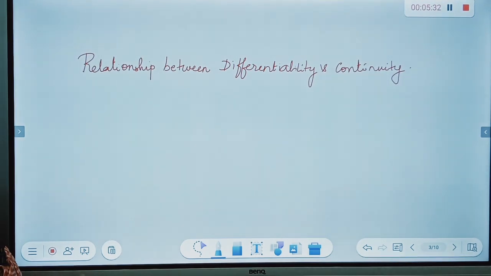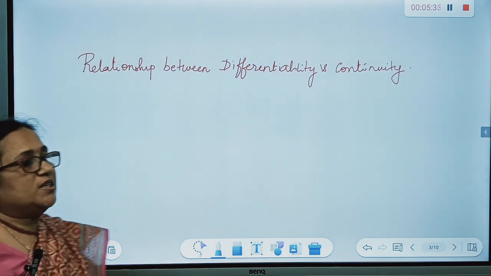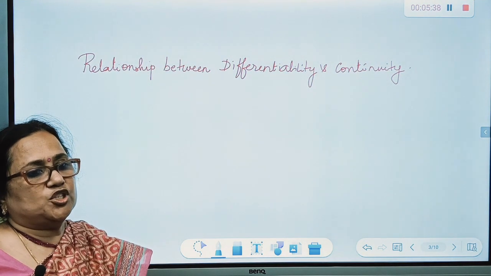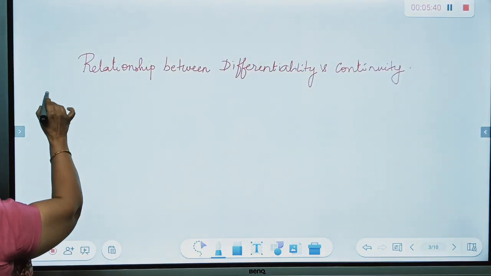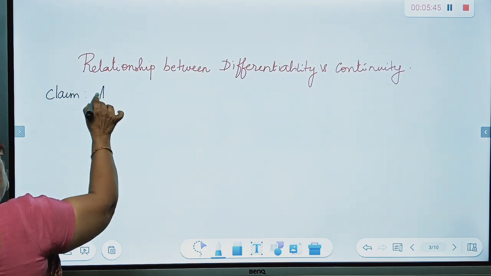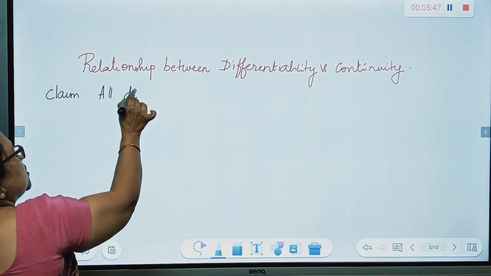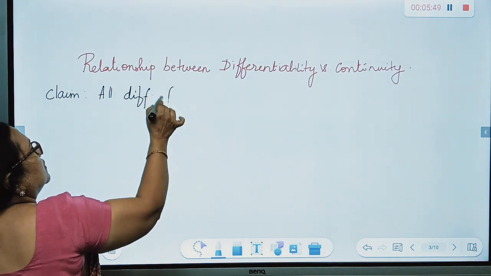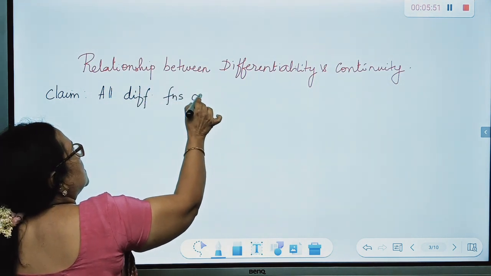So let us suppose a function is differentiable. I want to actually say all differentiable functions are continuous. So this is my claim.